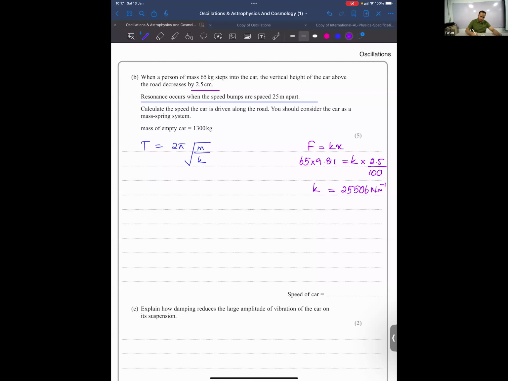Let's see. So T equals, I'll take the time period, which is 2 pi square root of m over k. So the m is 65, and k is 25,506.